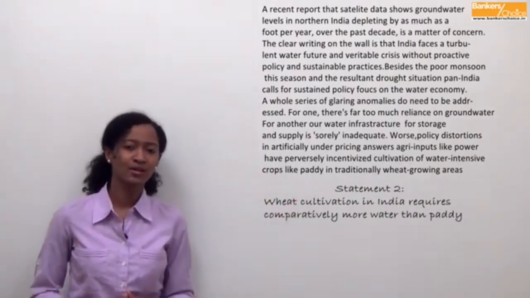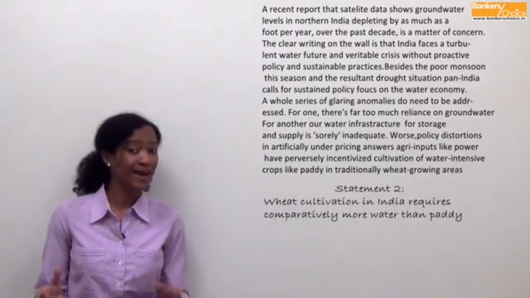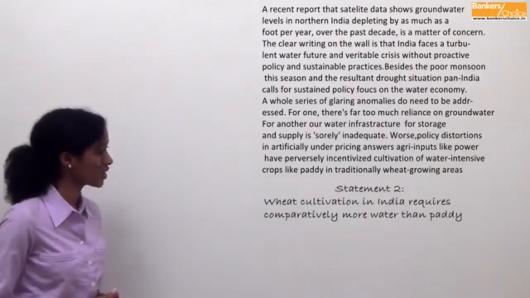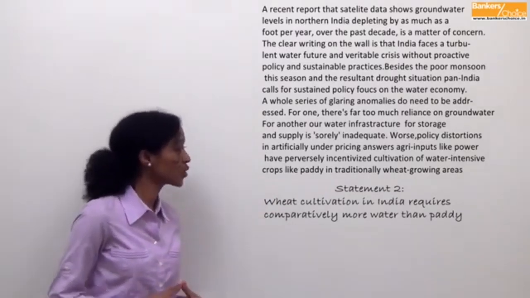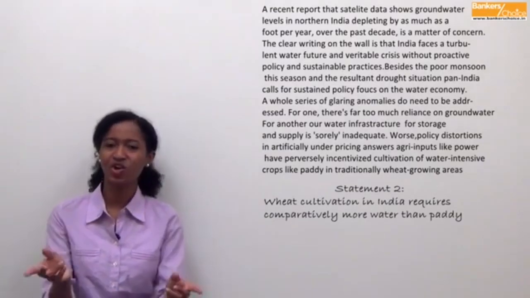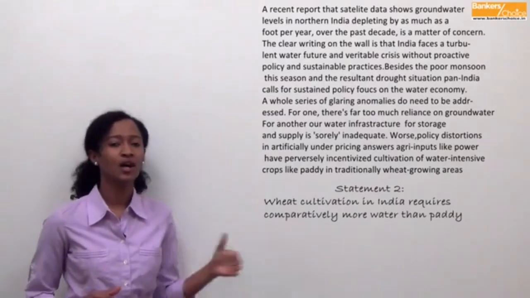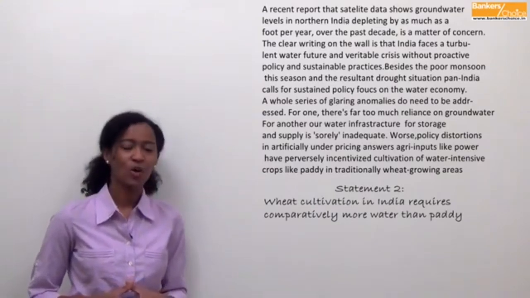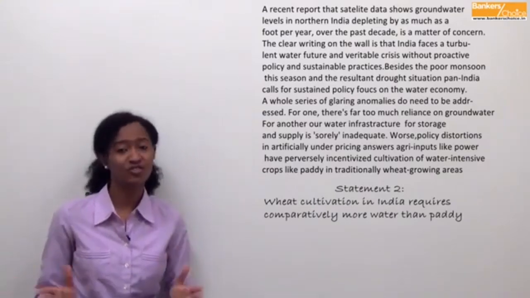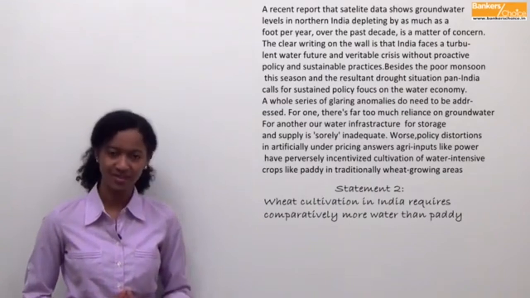So we know that water is more required for paddy and not wheat. But what does the statement say? It says wheat cultivation in India requires comparatively more water than paddy. So it contradicts the fact in the passage. So which means it will be option 5. Right? Option 5 is where it is definitely false because it contradicts the facts in the passage.